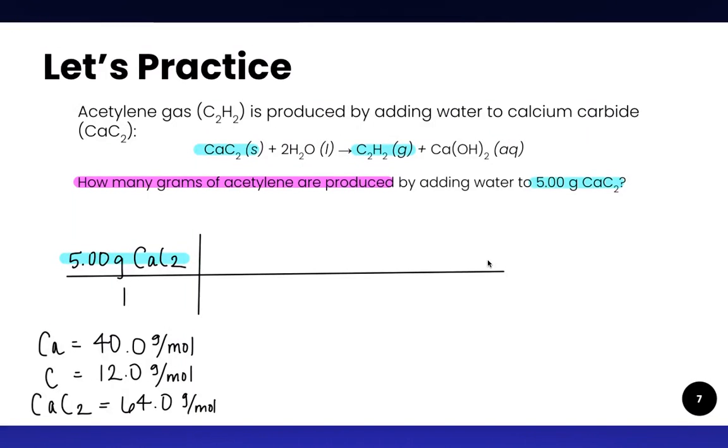Okay, so the molar mass of calcium carbide is 64.0 grams per 1 mole. We want the unit grams to cancel out, so we're going to actually put the number 64 on the bottom, and mole on the top.